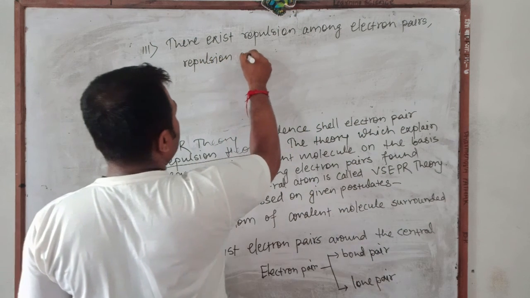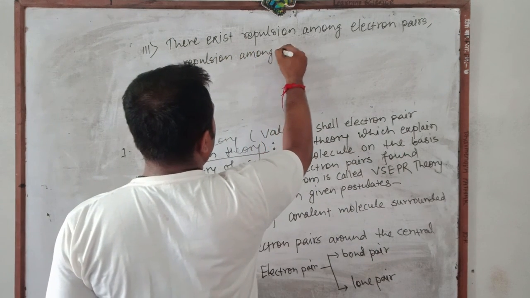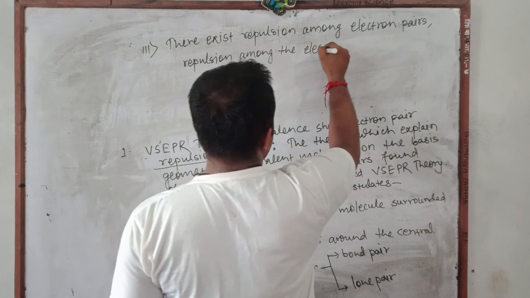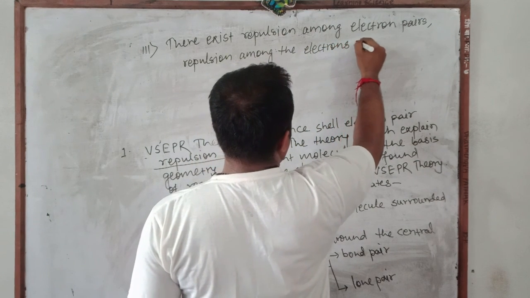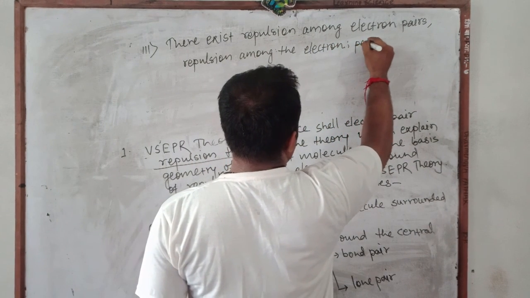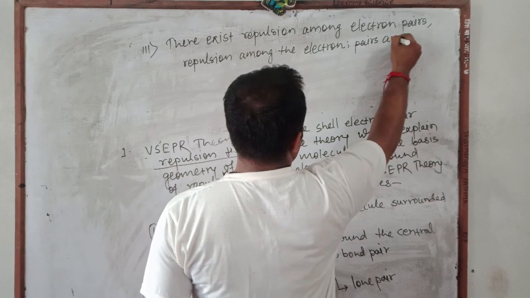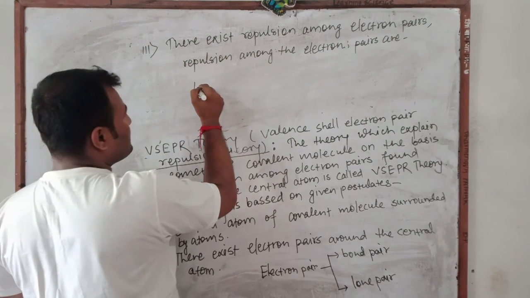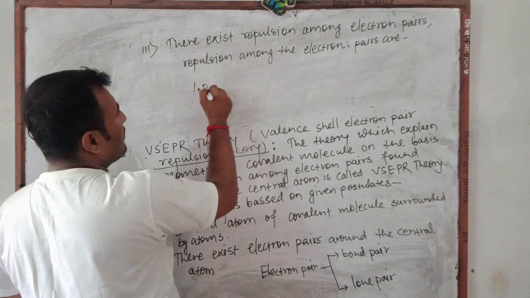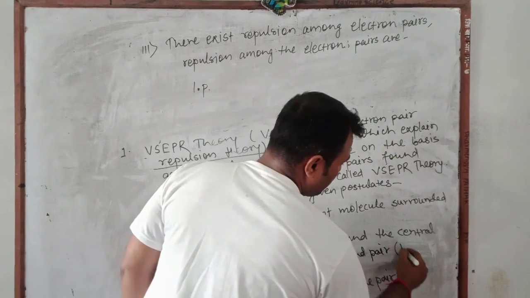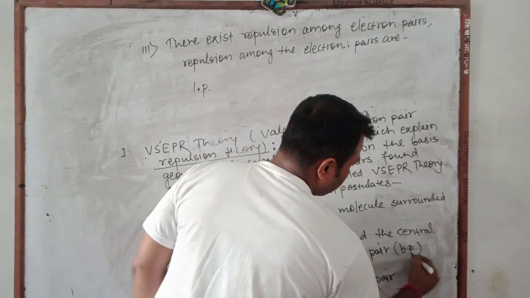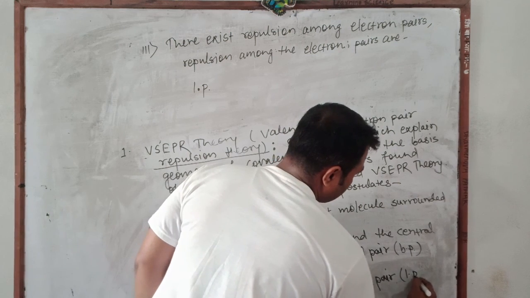Repulsion among the electron pairs: the greatest repulsion is found between lone pairs. Here we can denote bond pair by BP and lone pair by LP.